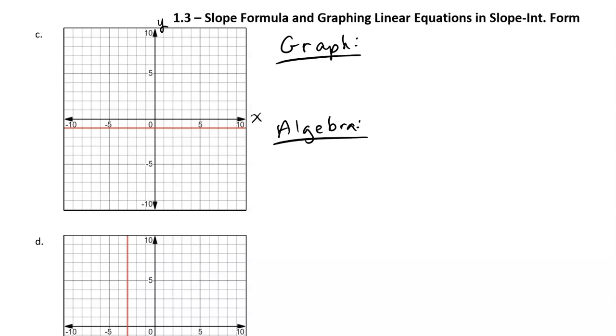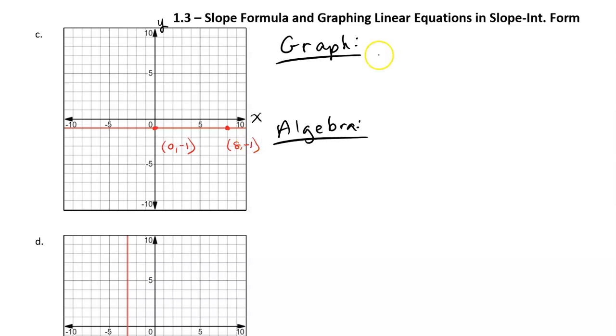So let's pick some points. I'm going to go ahead and stick with the same value there along my y-axis. That looks to be 0, negative 1. And if I pick a second point, I don't know, maybe over here. Let's see what that ordered pair is. That looks to be 8, negative 1.